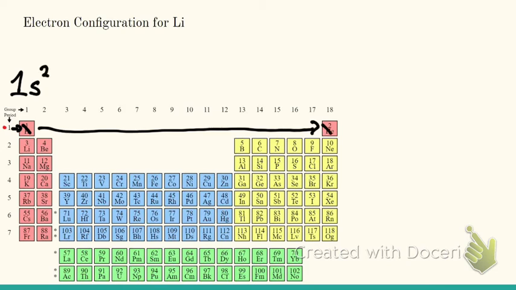Once we get to the end of a row, you can think of that as the end of a sentence, and once you're at the end of the sentence, you just move on to the next one. So we move on down to row 2. We're still going into our s block, and it only takes 1 electron to get to our Li. And so our electron configuration for Li is 1s2, 2s1.